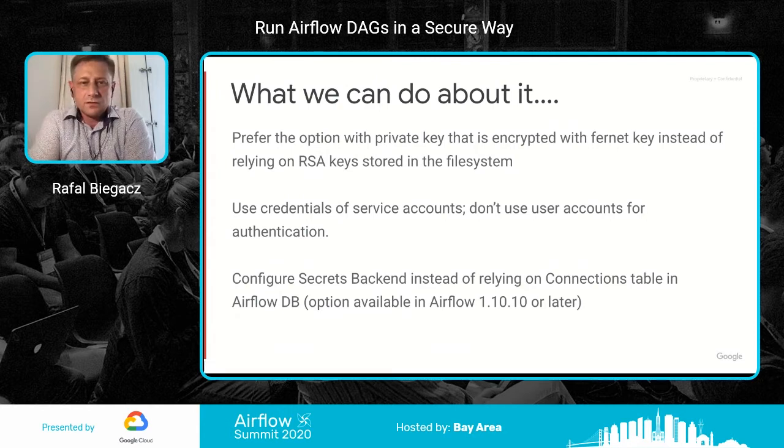Many of those operators actually support an option not to rely on the file containing the RSA key, but on using a private key that can be passed to them from Airflow database, from connections table, where those private keys are encrypted with Fernet keys. So this is one thing to consider.